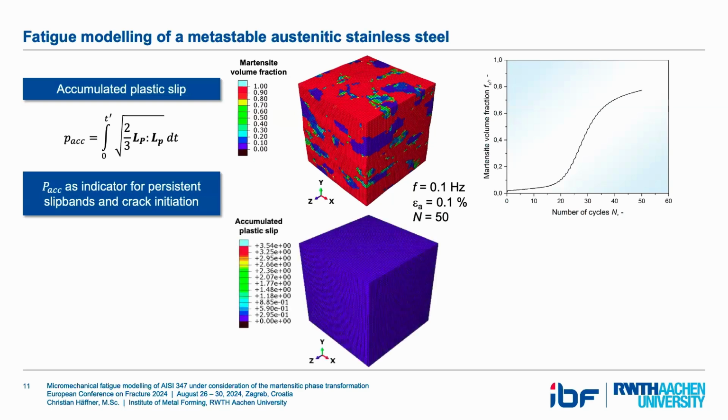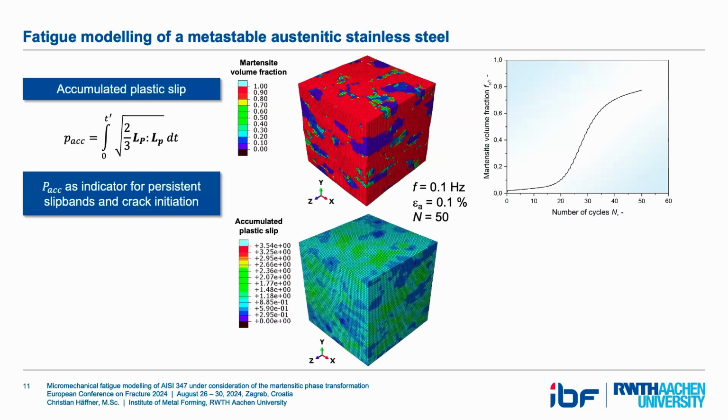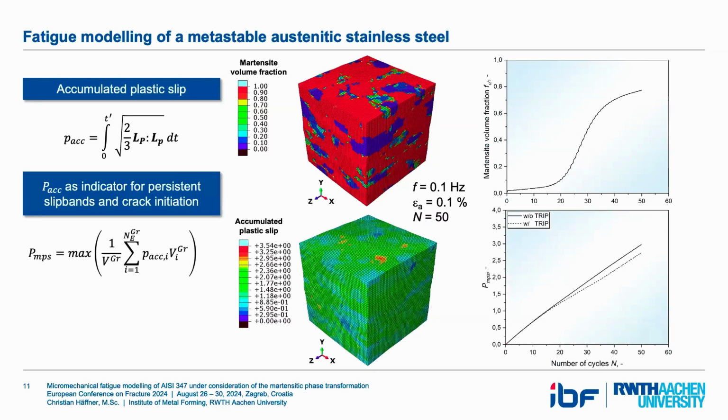If we now have a look at the accumulated plastic slip, it's also increasing. There's also nothing new, actually, when you're familiar with this topic. And what we can see here now is, don't get too nervous right now, this is not the accumulated plastic slip, but this PMPS value, which is actually nothing else than the grain average maximum accumulated plastic slip.